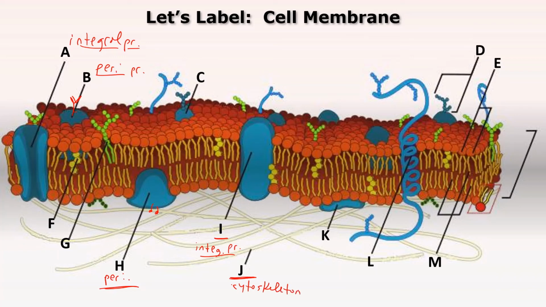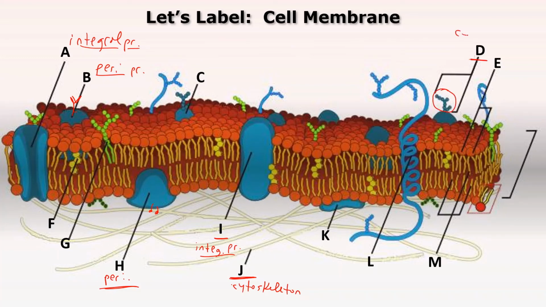All right, let's head back up to the top of the image and look at C. So C, again, I know it's a protein of some kind, but I don't think they're looking for peripheral or integral here, because I see the little ribbon of hexagons sticking up out of it. And I know that little ribbon of hexagons is a carbohydrate. So, in fact, if I look at D right here, they're asking only about this little string of hexagons.